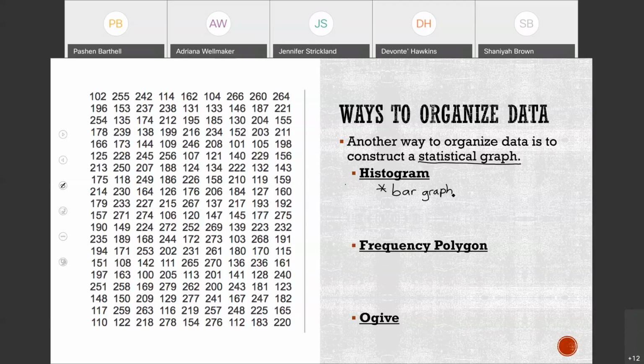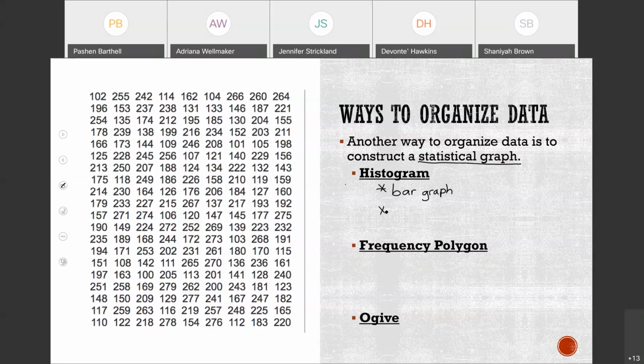Okay, and then the other thing you need to know, when we draw the graph, we're going to be putting some information across the bottom, and then we're going to be putting some information on the side. And so you need to know what information goes across the bottom and what information goes up on the side so that you can set it up correctly.